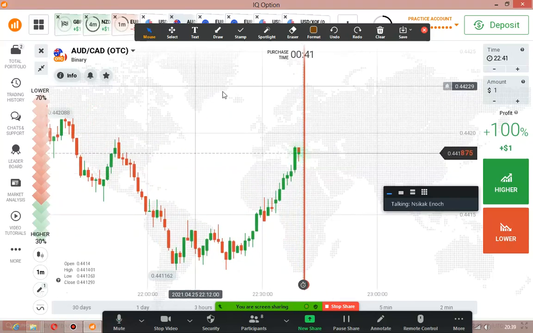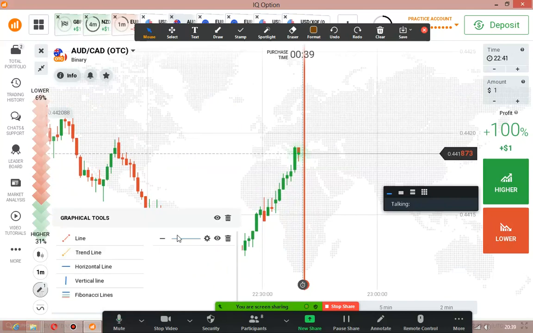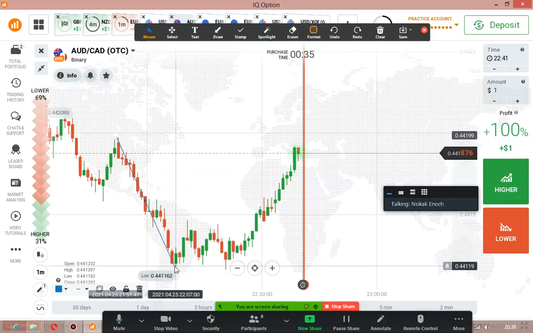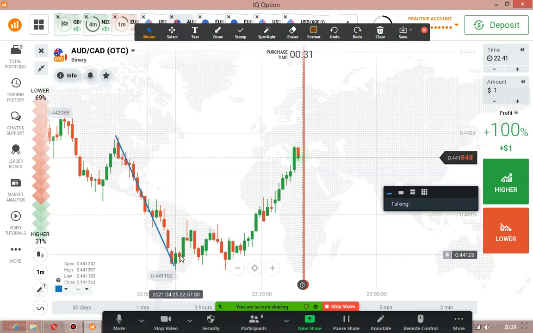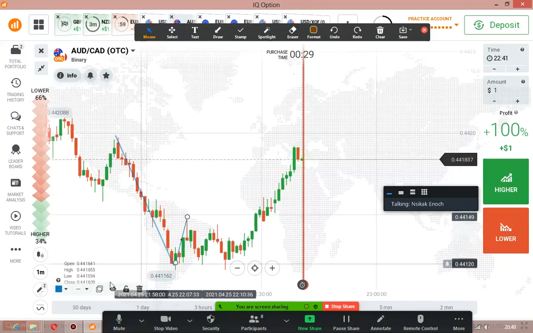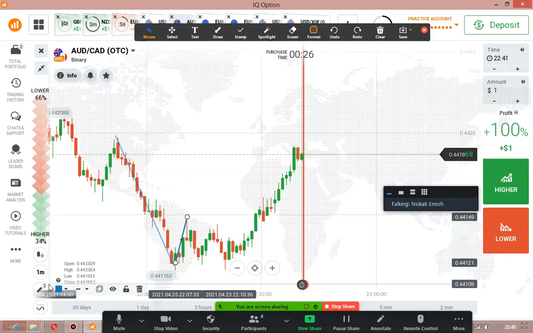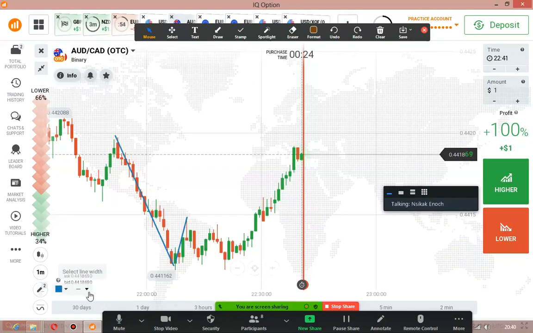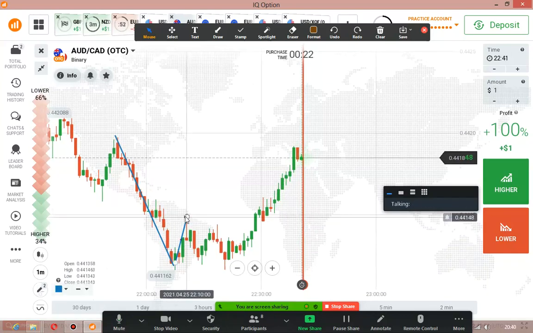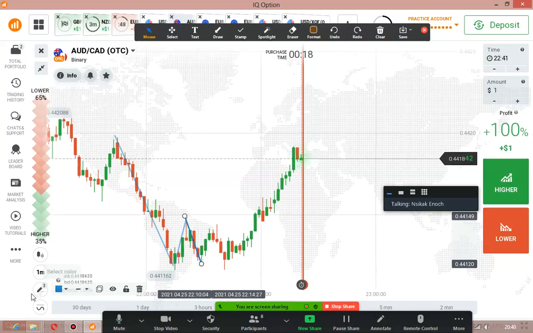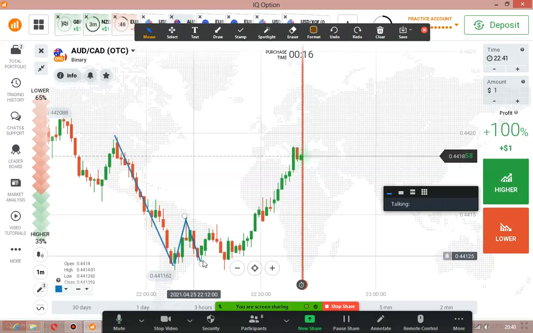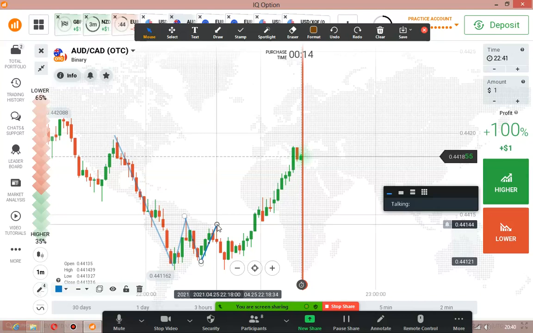Okay, if you look at this, it is a downtrend. Step by step, analyze the chart step by step. Down. Why is it not weak? Pull back. Oh, I always forget. Down again. Pull back.